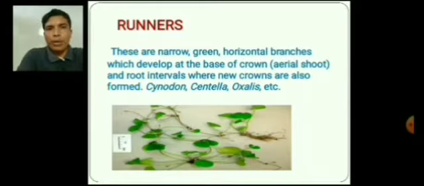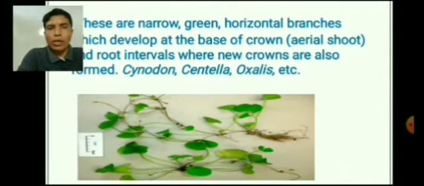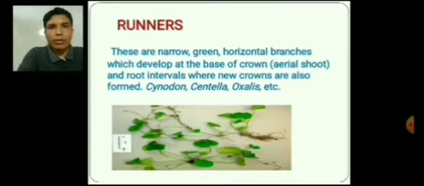Some examples of plants which have runners as their vegetative propagules are cynodon, centella, and oxalis. The common name of cynodon is lawn grass. The common name of centella is Indian pennywort, local name peruke. The common name of oxalis is sorrel, and the local name is yensil. These plants have runners as their vegetative propagules.